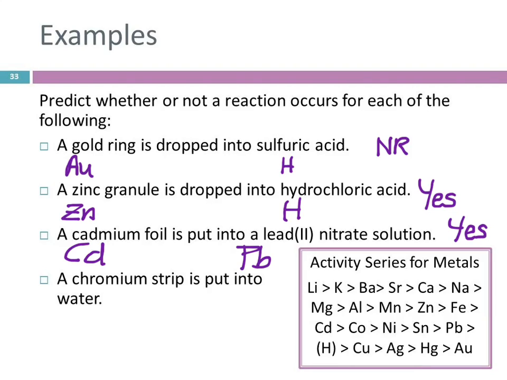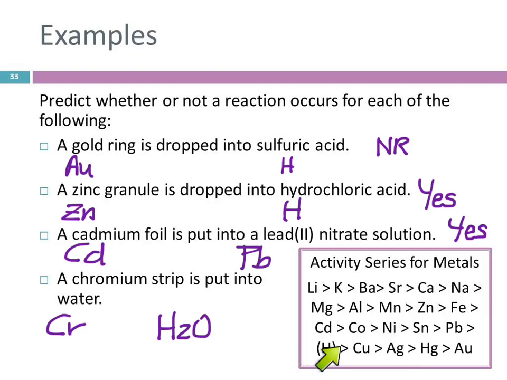A chromium strip is put into water. Well, that activity series is not going to help us with this, is it? Does this activity series predict what metals will react with water? No. It predicts which metals will react and displace other metals.